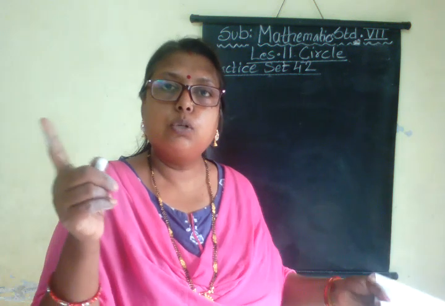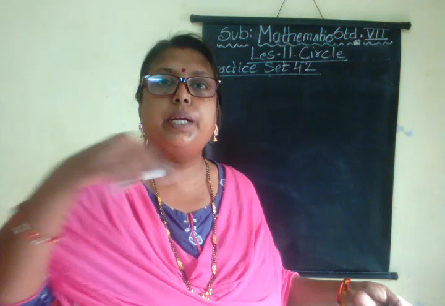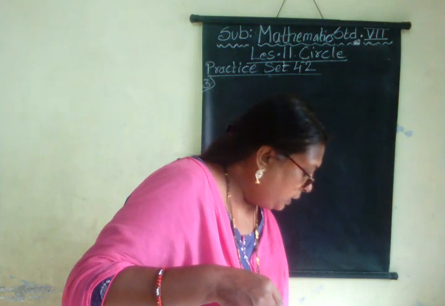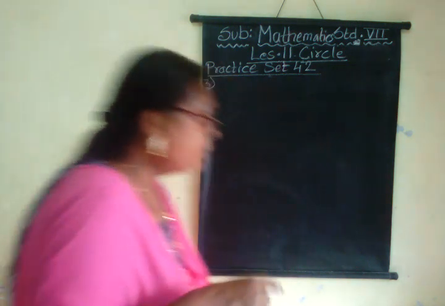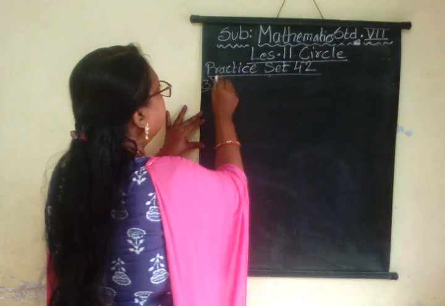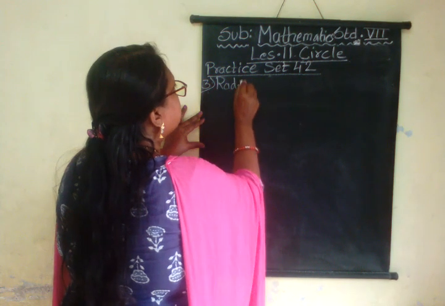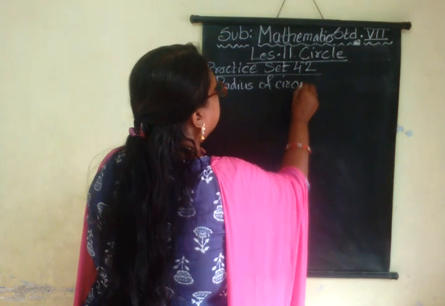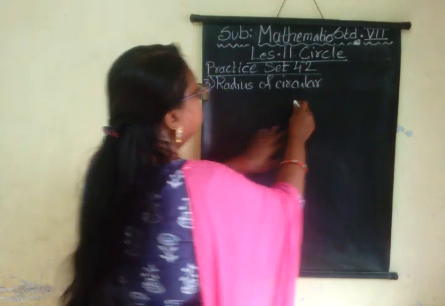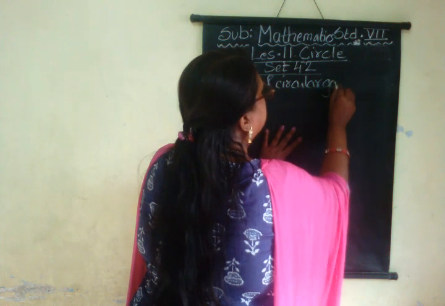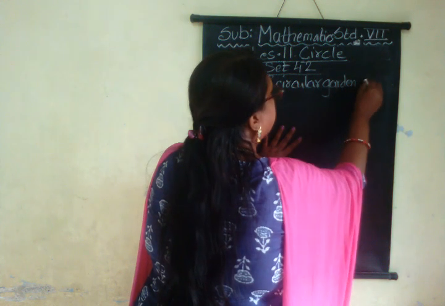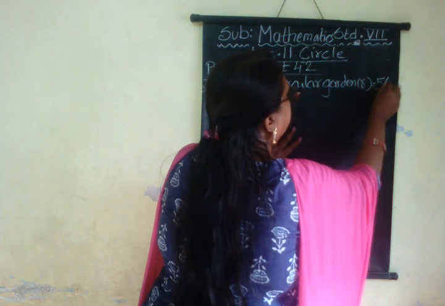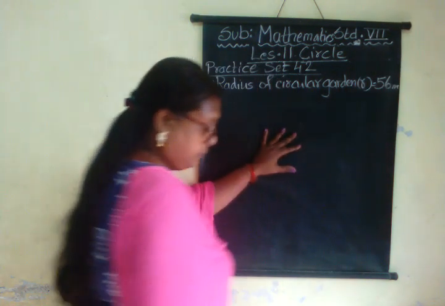So to find the total cost, first we will have to find the circumference of the circular garden. So let us begin. First we will write whatever is given, radius of circular garden, small r is equal to 56 meter.